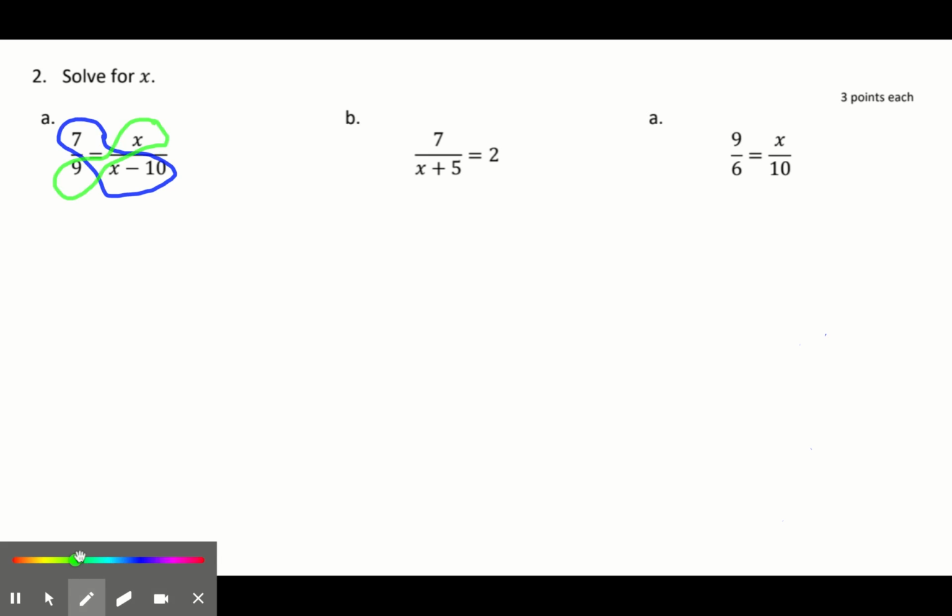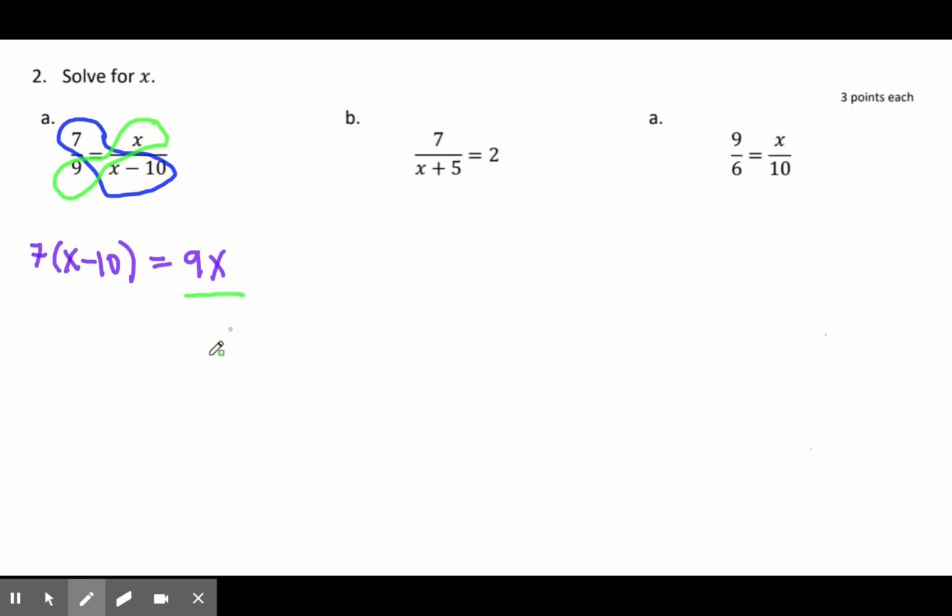So you have the first one, 7 times x minus 10, and that equals 9 times x, which is 9x.